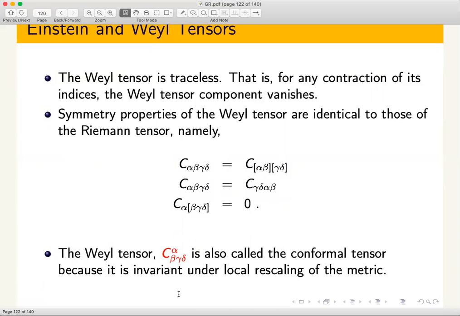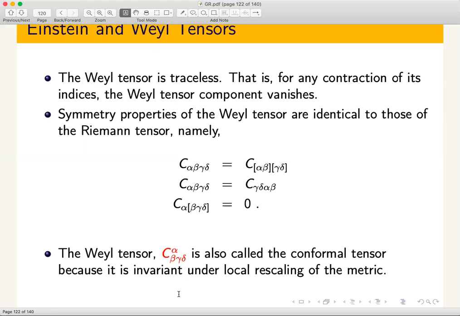By conformal transformation, I mean that you write down a metric which, under a coordinate transformation, undergoes a local rescaling. So that means you have some g alpha beta which goes to a new g prime alpha prime beta prime, which can be written as some overall scale factor, we can call it, say, omega of x times g alpha beta of x.